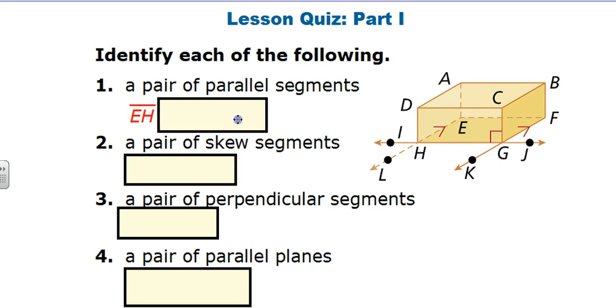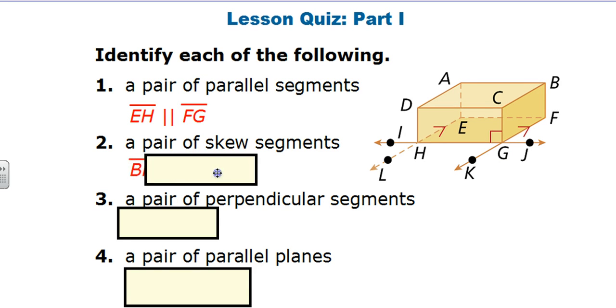If we look at segment EH, a parallel segment would be FG. If we look at a pair of skew segments, starting with BF, BF could be skew with more than one. In this case, they're naming EH. EH back here. Good, it's not parallel to BF, and it is not sharing the plane.